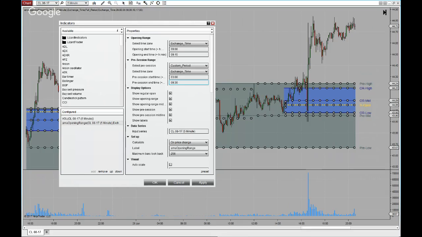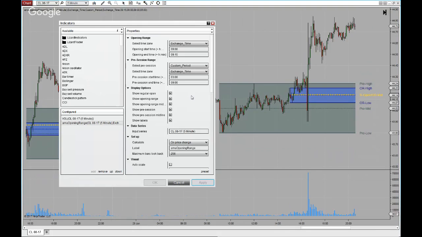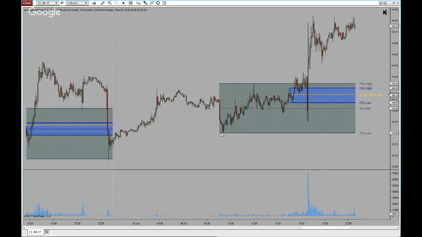That would be from 3 o'clock in the morning Eastern time until 9 o'clock in the morning, which is the start of the regular session. And I hit apply here, and now you will see this is the pre-session low rather than this level, which is plotted over here. So now we have different reference points for this opening range that starts at the regular US open.